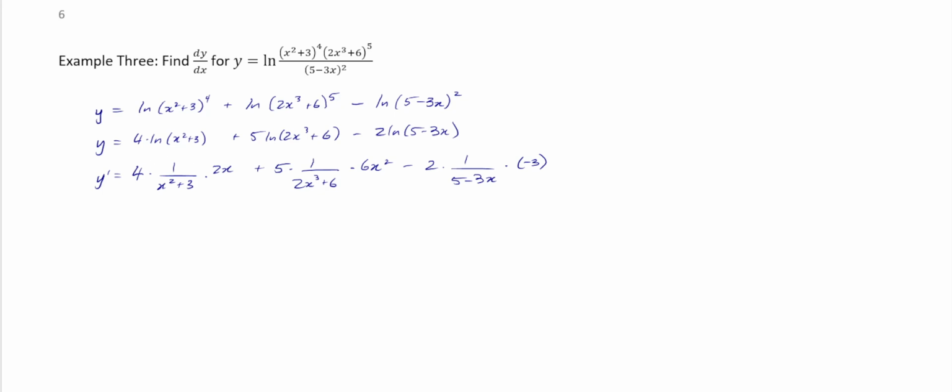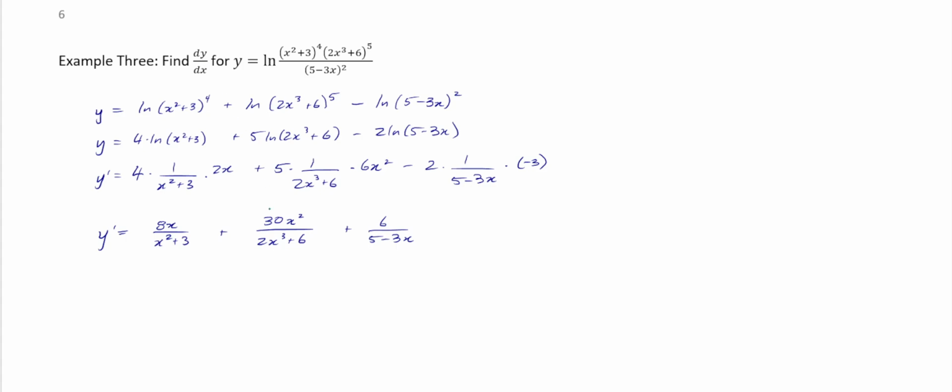So I'll go ahead and clean this up. I'll have 8x all over x squared plus 3, 8x because of the 4 times the 2x. Okay, and then the 5 times the 6x squared is going to be 30x squared all over 2x cubed plus 6. And then plus 6 all over 5 minus 3x.